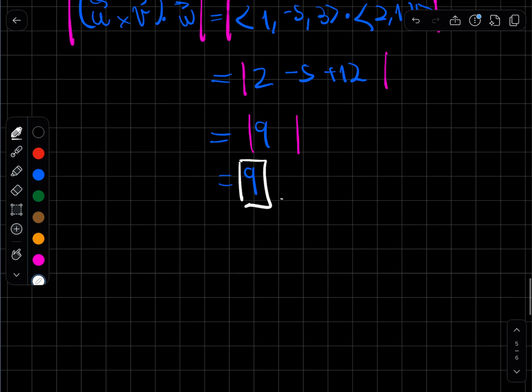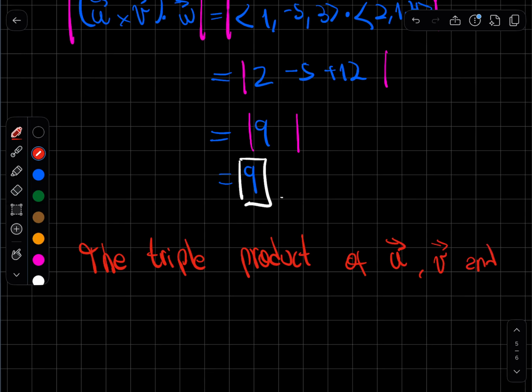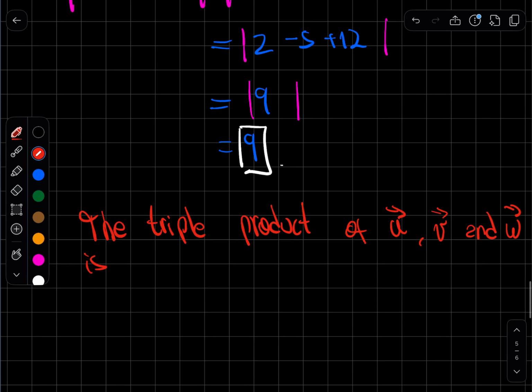And as an addendum, I wasn't planning to say this here, but we've already talked about dot products and cross products. So the triple product of u, v, and w is this number here, and then the order kind of matters.